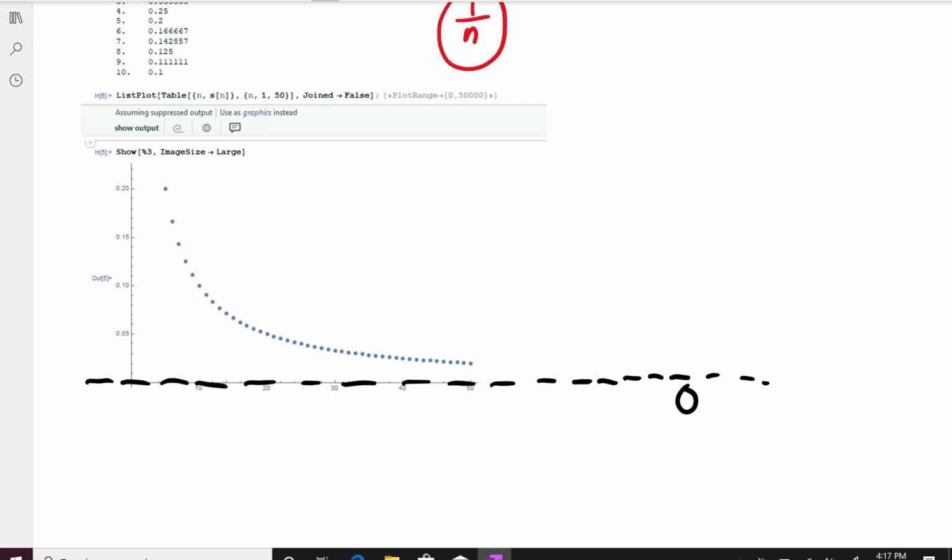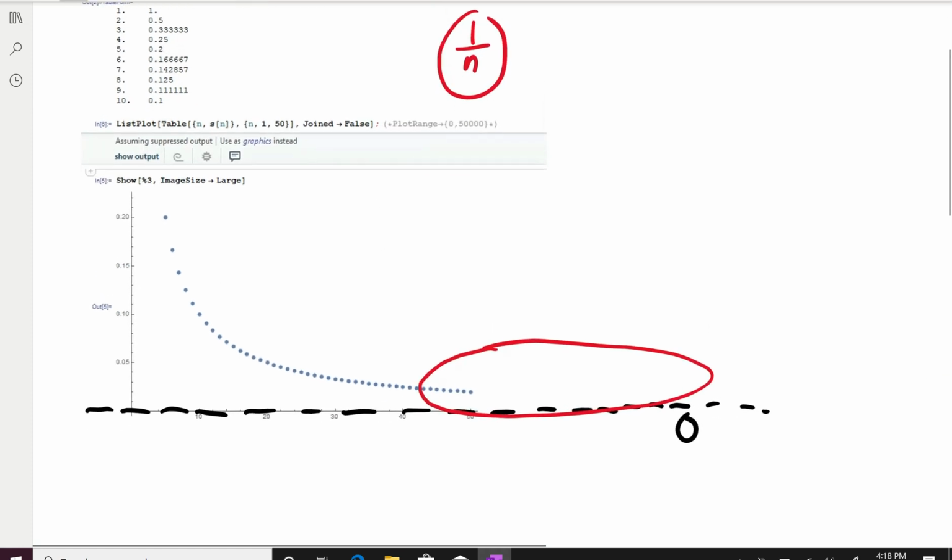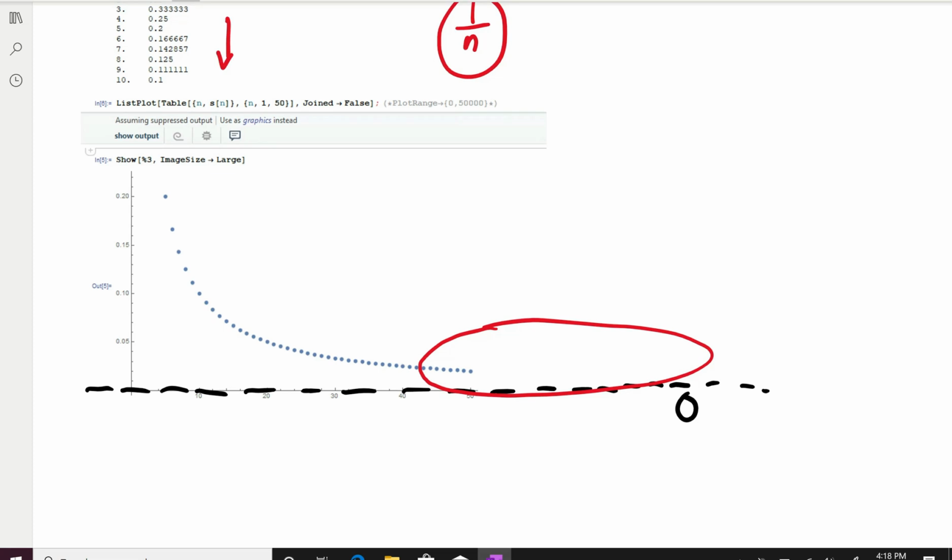Now this scenario is very interesting. Take a look at what happens to this sequence eventually. When you keep on writing terms of this sequence, we call it looking at the tail of the sequence, the end of the sequence. Now they are getting really small and 0 is a lower barrier. You can see based on the numbers of the sequence, they are getting extremely close to 0, right?